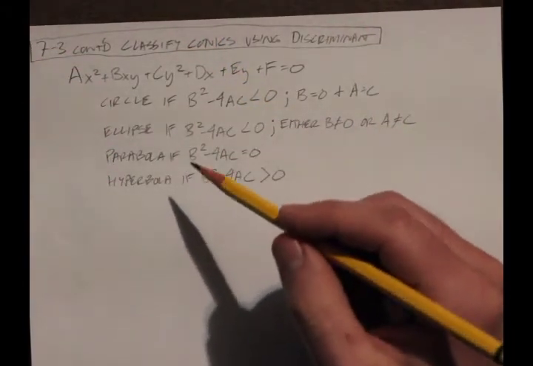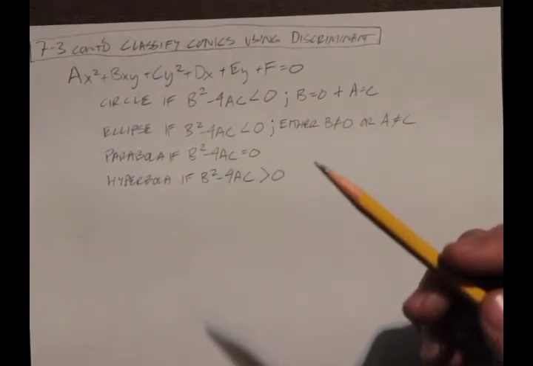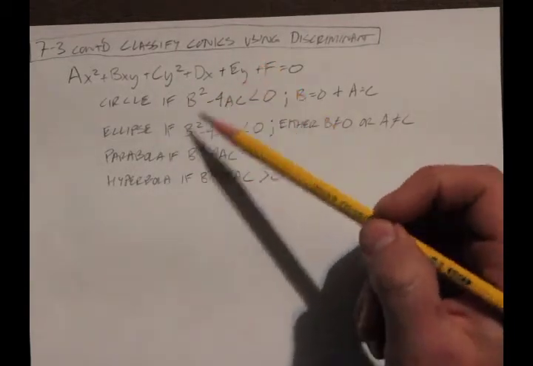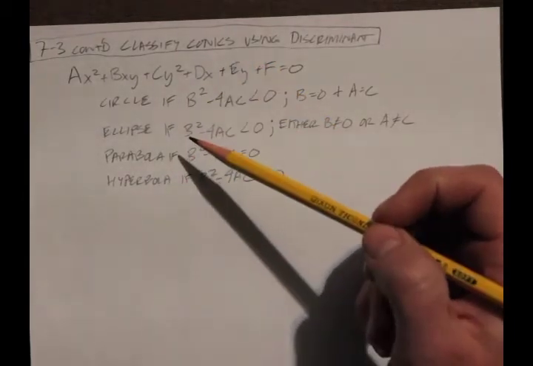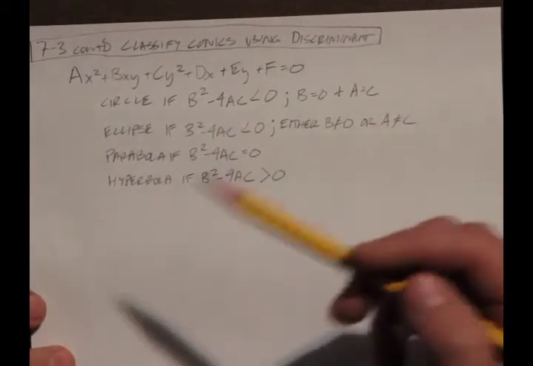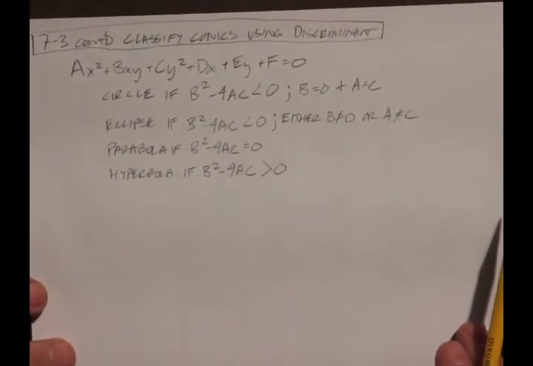And then you can see what kind of conic it is, if you remember what those equations are supposed to look like. So you don't necessarily need the discriminant, but it could be a useful tool if you can remember how to use it. We're going to do a few examples, and then that'll be the end of 7-3 continued.